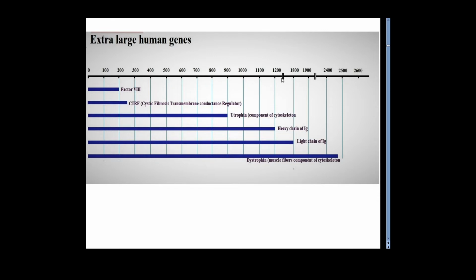It is more than 1 million nucleotides, and the most elongated gene is dystrophin, which consists of more than 2, 2.5 million nucleotides.